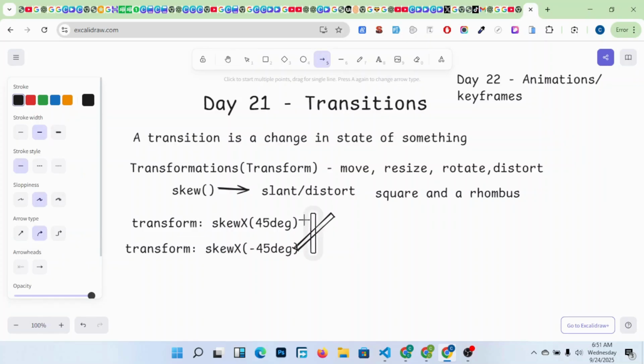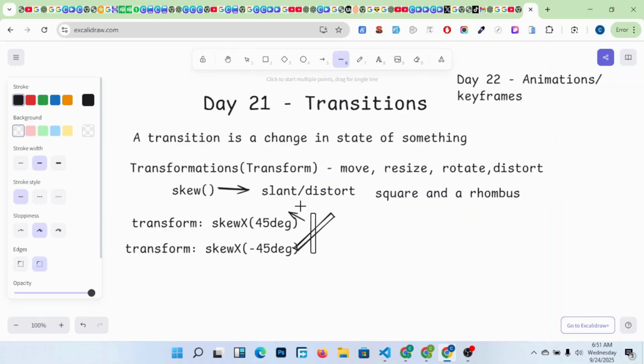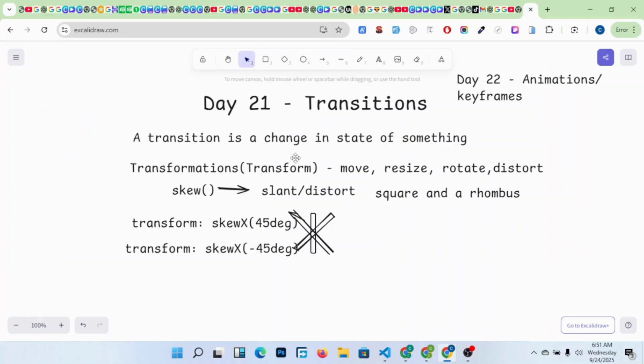It will slant to this other side. Take this shape here. It will just slant this side and be something like this. Transform skew, like that.